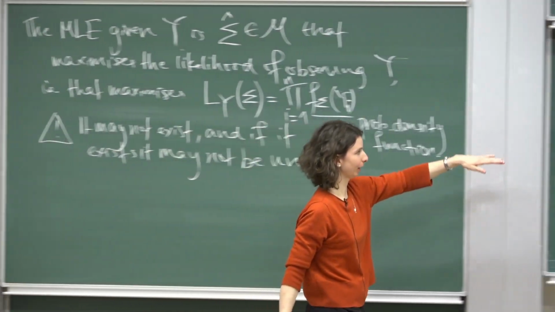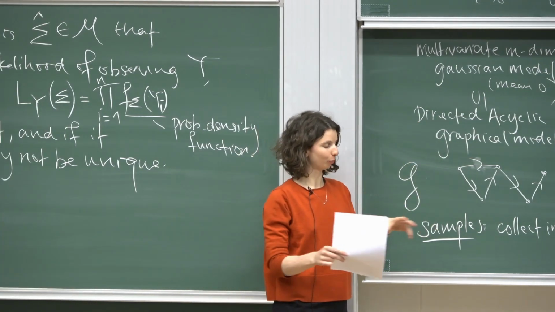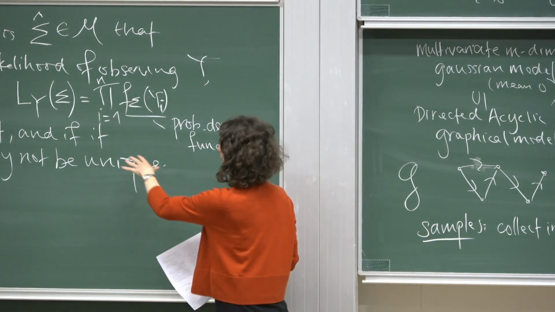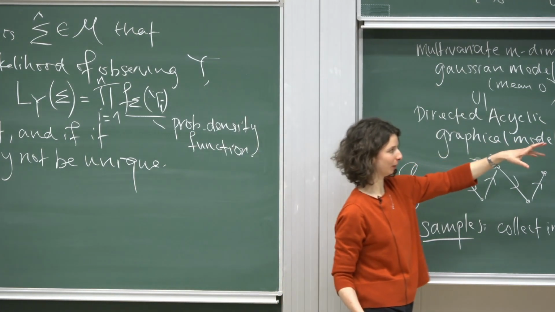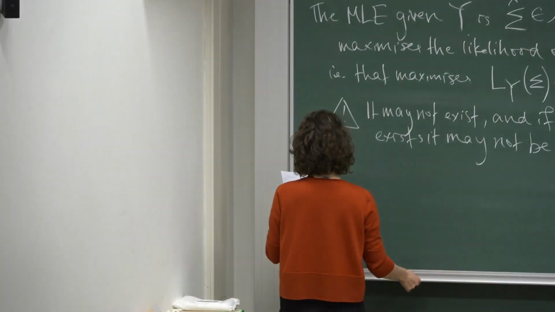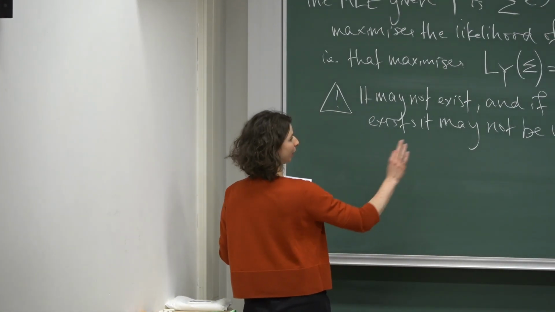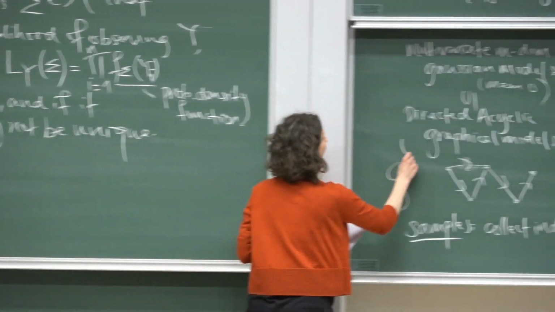But for these kinds of models that we're interested in, we can be a little bit more precise about what it means to exist or not exist, and which parts of this MLE may or may not exist and may or may not be unique. So I'm going to make two further definitions. So in the case of these DAG models, we call these DAG models.